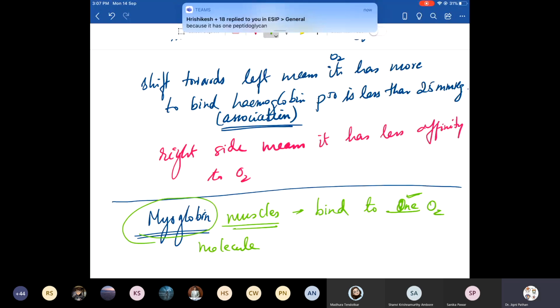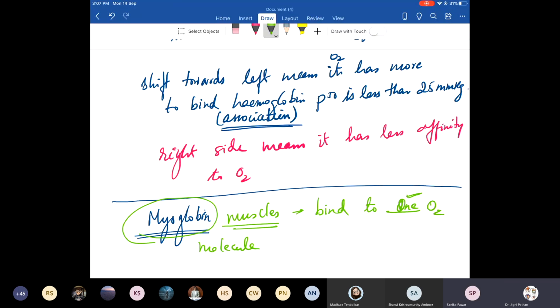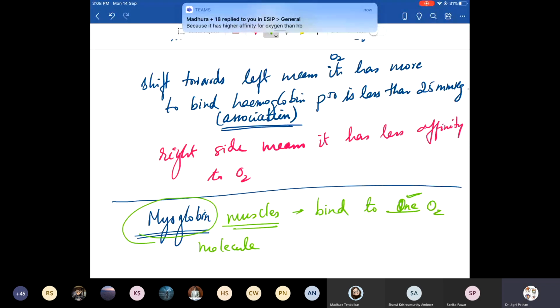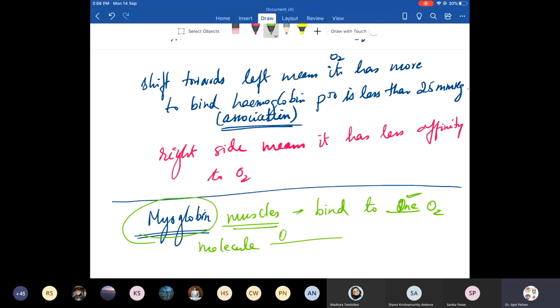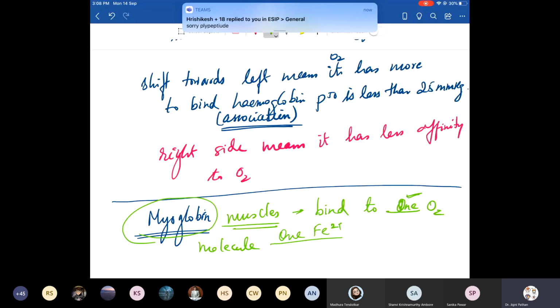Because it has one peptidoglycan. What peptidoglycan? Because of less saturation. No, nothing to do with saturation. Because it has higher affinity. No. Very good, Amol has answered it. Because it has one Fe, iron molecule.